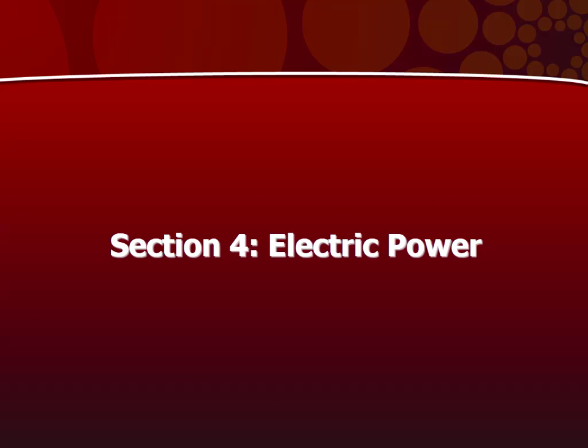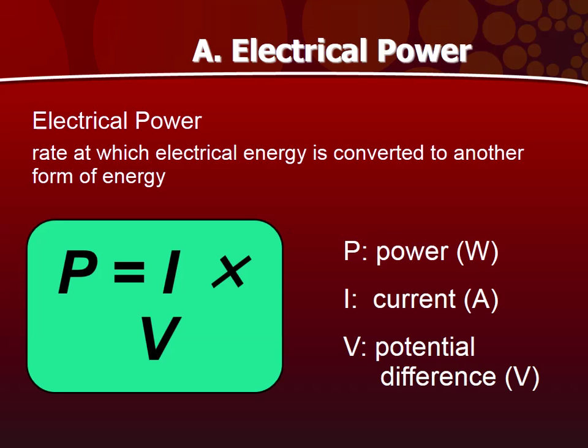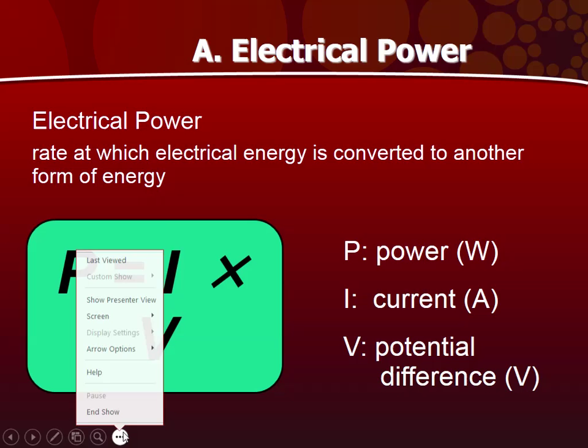All right. Let's get to another electricity formula, electric power. Electric power, as you can see, will be current times voltage. It's the rate at which energy is being converted. Power is the rate at which energy is being converted. We already know that.